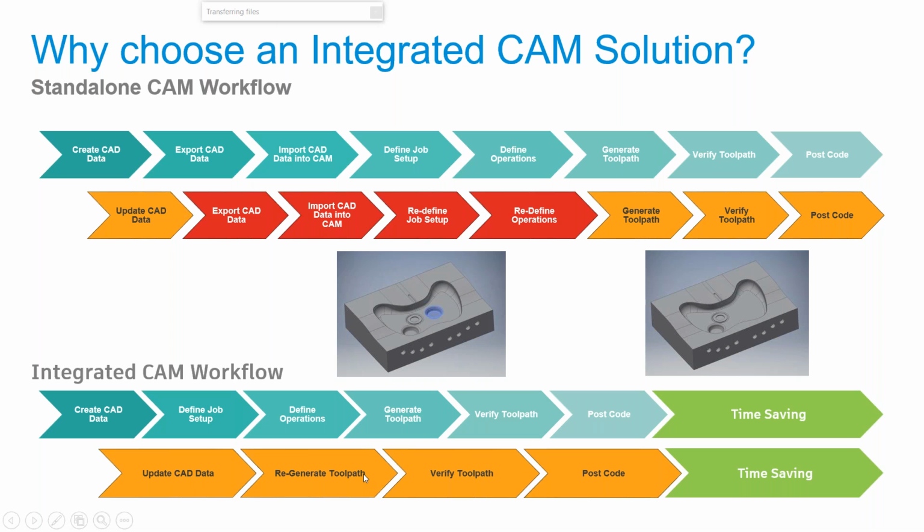We just click on regenerate tool path. We don't have to do a setup again. The activity of defining operations is totally not there, because it is already set up. It's just a matter of clicking regenerate. Of course, we need to verify it, so that step remains, and finally we generate a post code. So again, a lot of time saving here.